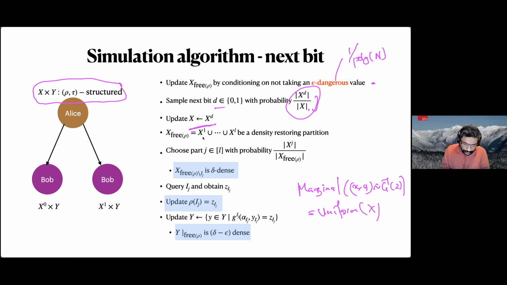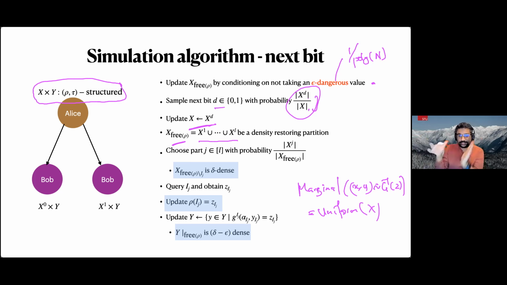So now, because we might have lost density on X free, we'll do this density restoring partition, which is what we talked about in a couple of slides. So again, the right way. Now we need to choose one of these partitions, because we know that X has lost density.